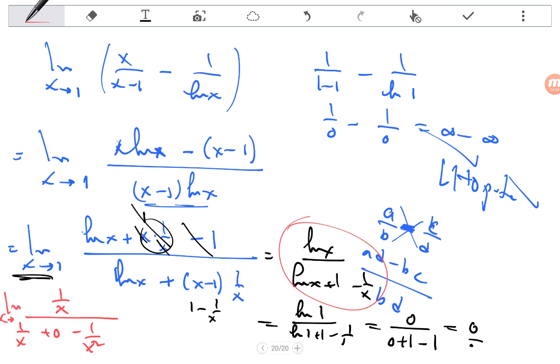Now I apply x approaching 1. So that will be 1 over 1 minus 1, it will be 1 over 0, which will be infinity, which is limit does not exist.